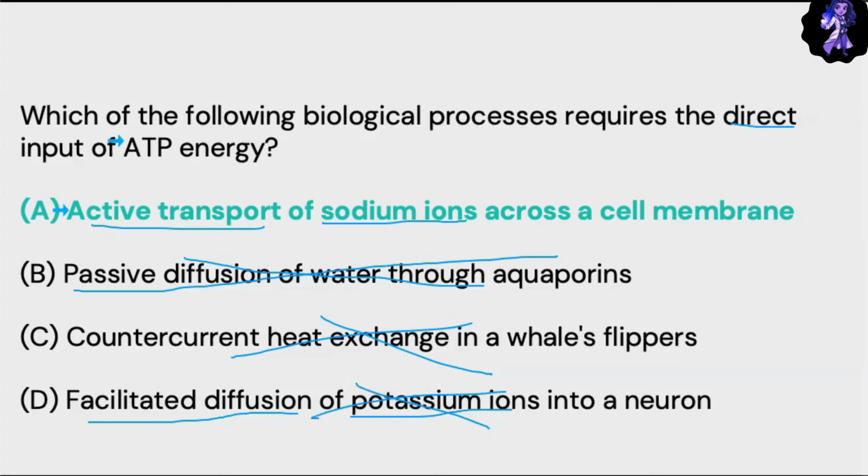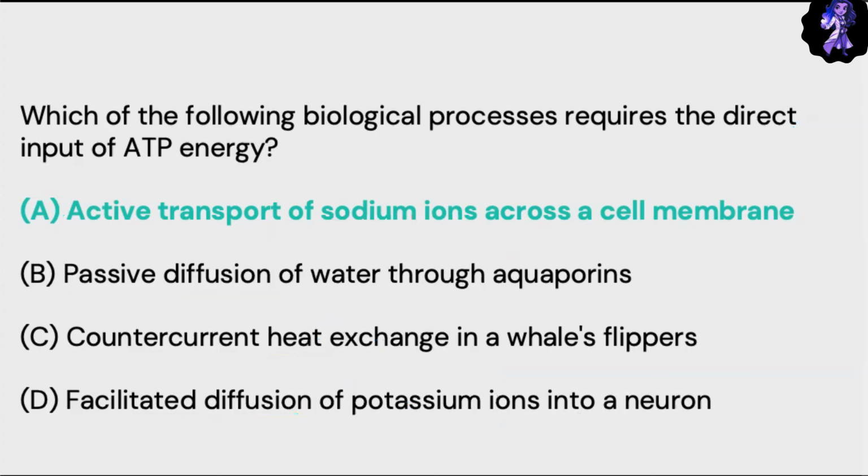So this question teaches you two things. One, to make sure to associate ATP with active transport, and two, to understand that if you're given sodium and potassium ions, not to just directly think that it's associated with a sodium potassium pump, which is affiliated with active transport, as the answer choice in D states that they're talking about potassium ions potentially through some sort of protein.